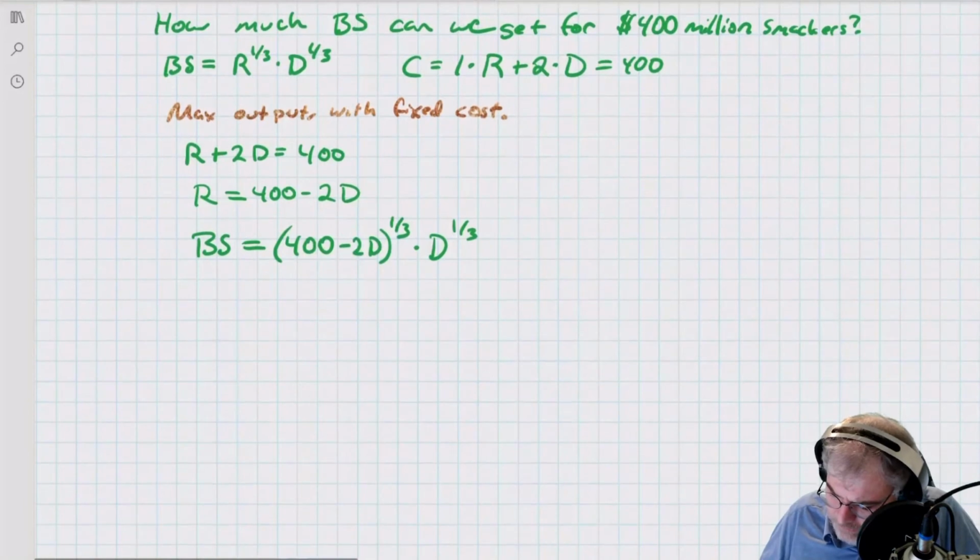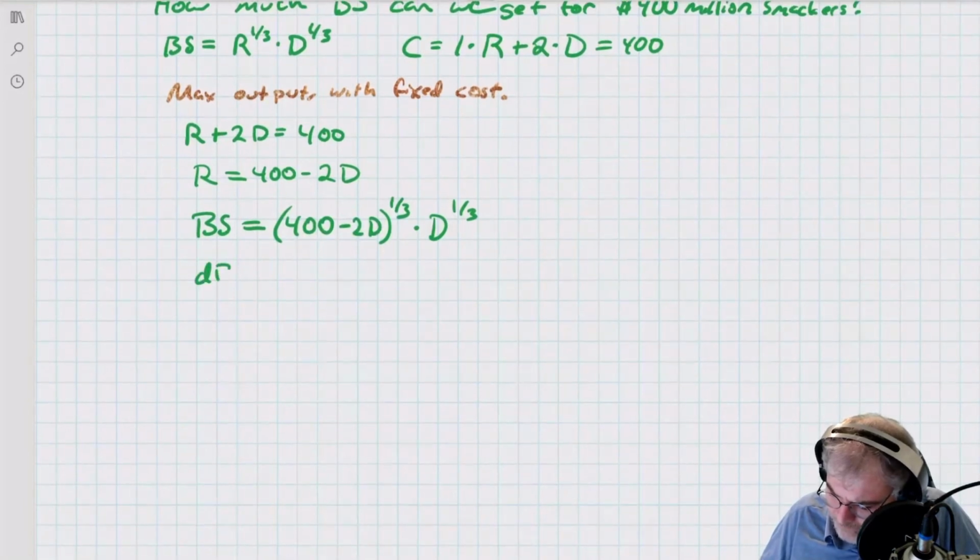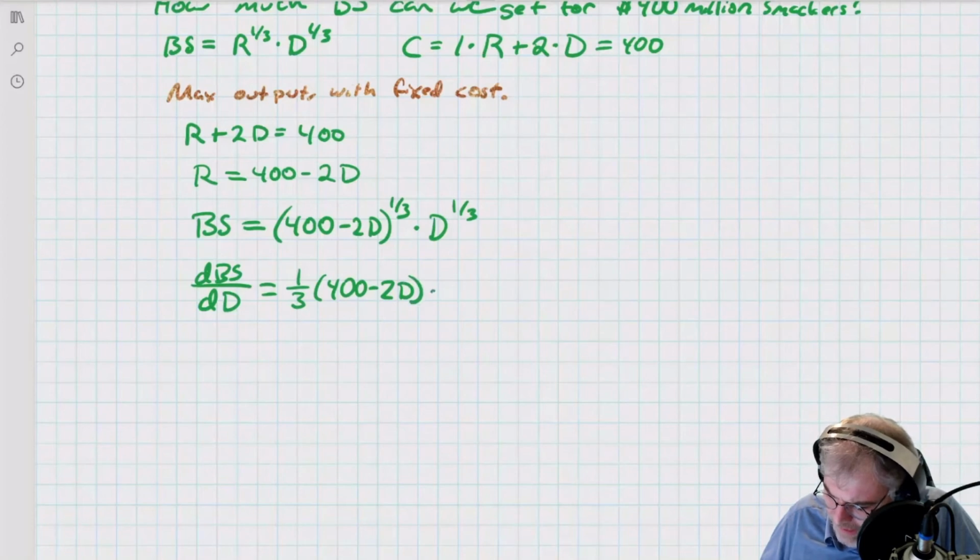So now dBS over dD equals, now I got to do a little chain rule action here, 1/3 times 400 minus 2D to the -2/3 times -2. That's the derivative of the inside. And there should be a -2/3 right there.